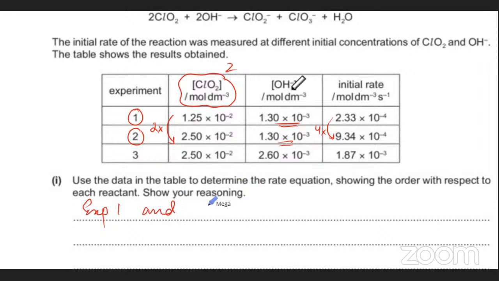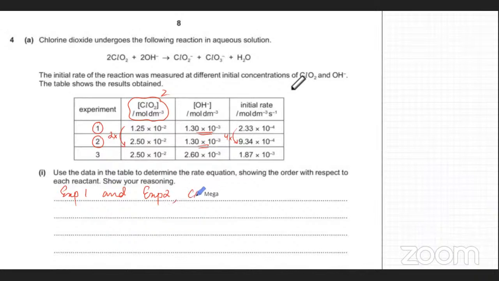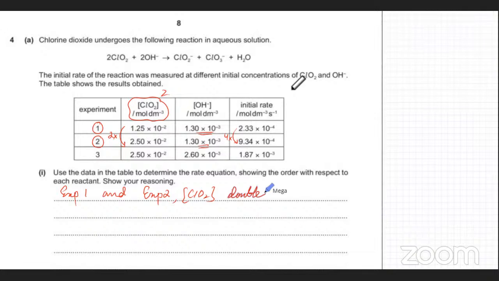And in your explanation, you're going to write that if you compare experiments 1 and 2, the ClO2 concentration, in square brackets, is doubled and the rate is quadrupled.